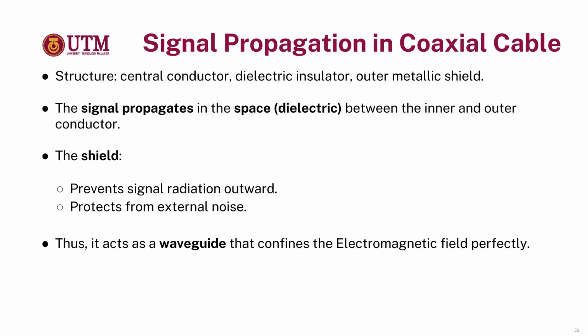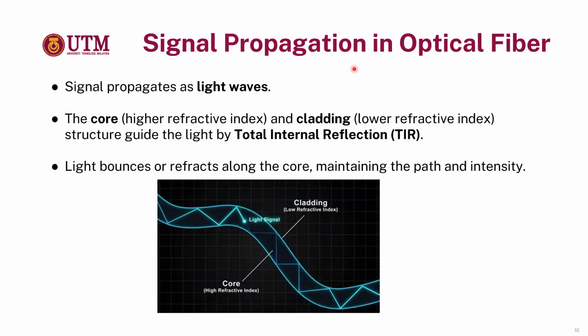We have the unguided, one of them being wireless. Next, signal propagation in the optical fiber. Signals propagate as light waves, so our signals are transmitted in the form of light. The core, with higher refractive index, and the cladding, with lower refractive index, will produce a signal that propagates as light experiencing total internal reflection.